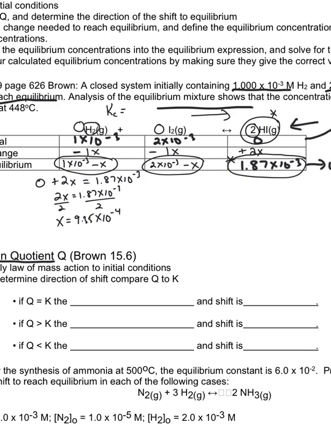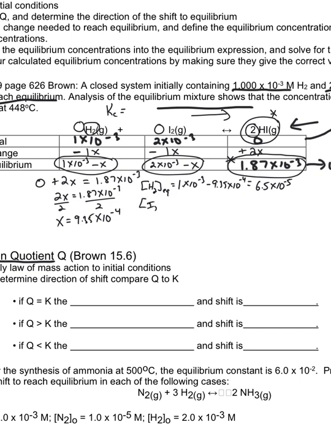So now I can come back and figure out the concentration of H2 at equilibrium, which I'll label H2 EQ, equilibrium. It's going to be 1 times 10 to the negative third minus 9.35 times 10 to the negative fourth. And we get 6.5 times 10 to the negative fifth.